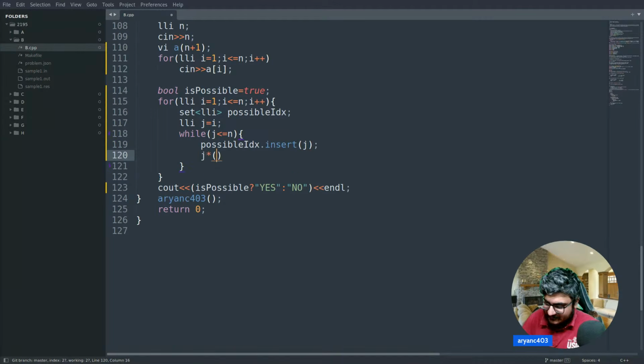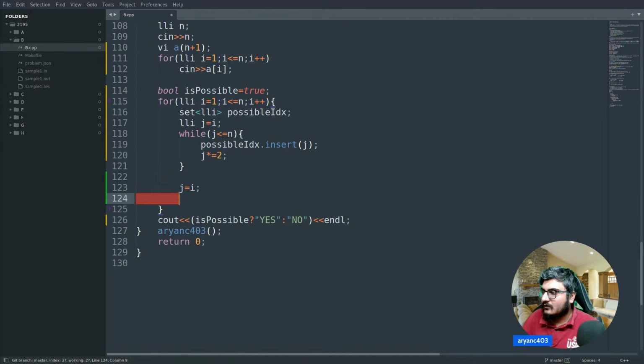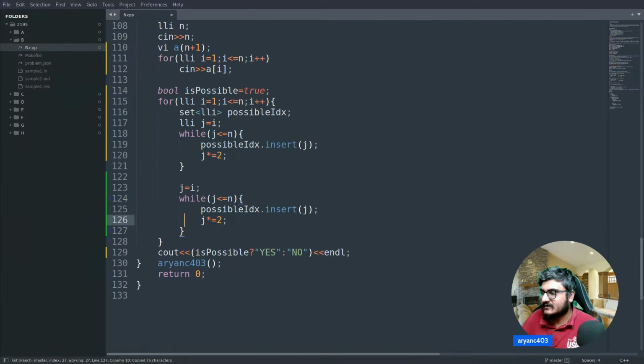And we can keep multiplying j by 2, or you can send it to all the possible numbers less than I, as long as j times I is divisible by 2.